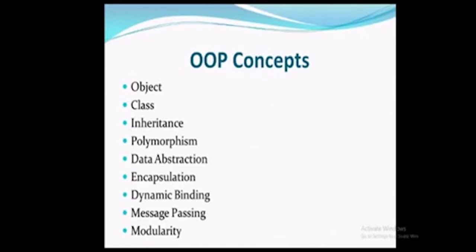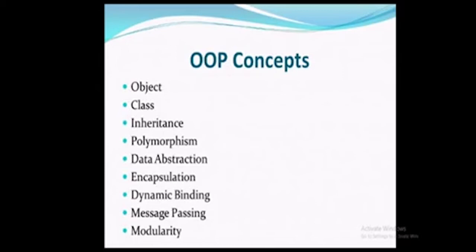If the operands are strings, then the operation would produce a third string by concatenation. The process of making an operator exhibit different behaviors in different instances is known as operator overloading. Using a single function name to perform different types of tasks is known as function overloading.